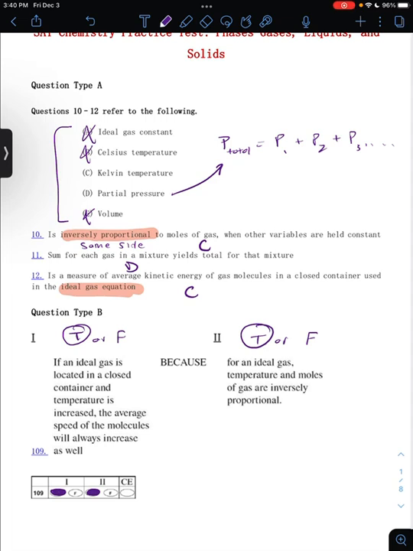Okay, so let's ask if that makes sense. Would it make sense for the temperature to increase because the moles were cut in half?